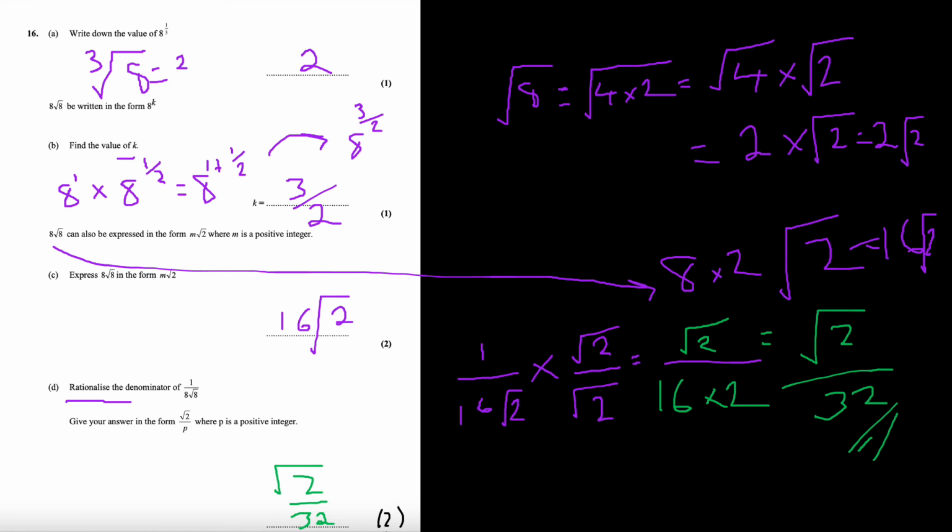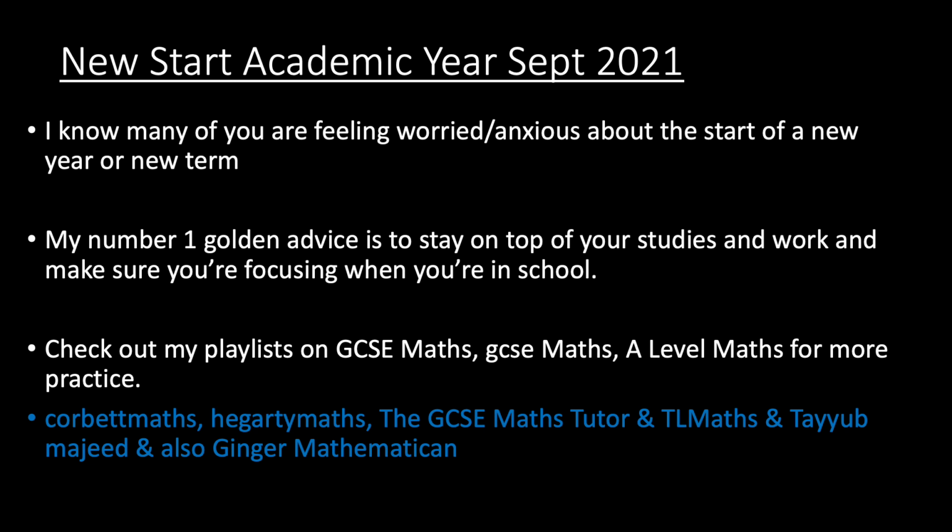And lastly, guys, I know a lot of you are anxious or feeling a bit worried about the start of the academic year, new year, September 2021. My number one golden advice is to stay on top of your work, and make sure that you're focusing when you're in school. Make sure that you're completing your homework and your classwork to the best of your ability, and that you are studying hard.